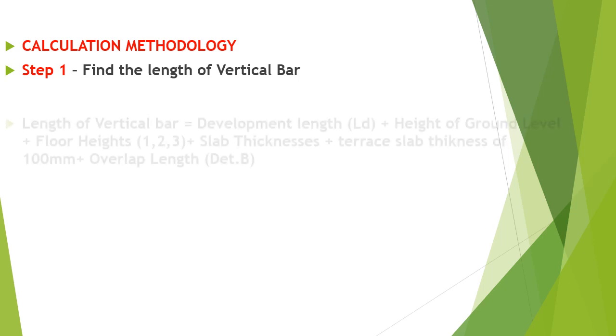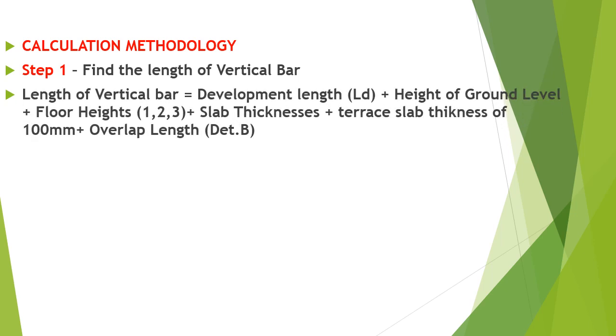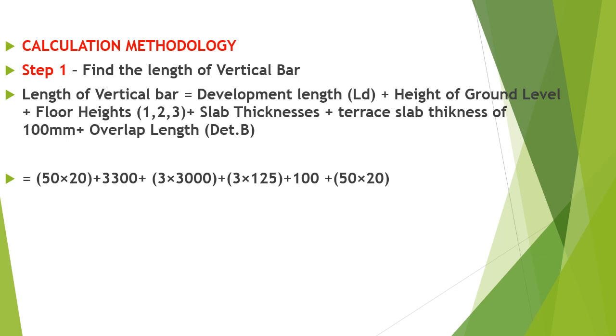Step 1. Find the length of the vertical bar. Length of the vertical bar is equal to development length plus height of the ground level plus floor heights plus slab thickness plus terrace slab thickness of 100 mm plus overlap length as mentioned in the detail B, which means 50 into 20 plus 3300 plus 3 into 3000 plus 3 into 125 plus 100 plus 50 into 20.